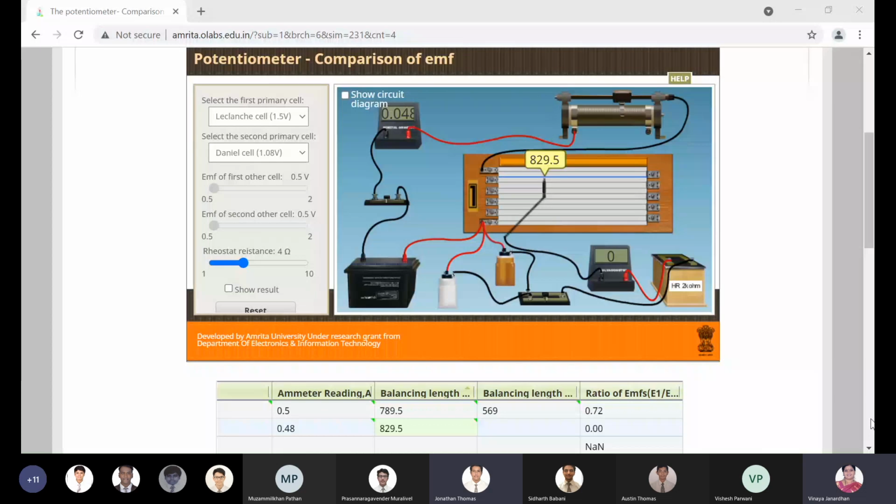Final result: the ratio of the EMF of the two given cells is found to be the ratio of... anyway, I'll type this over here. Cell. The ratio will not have an SI unit, just find the average.